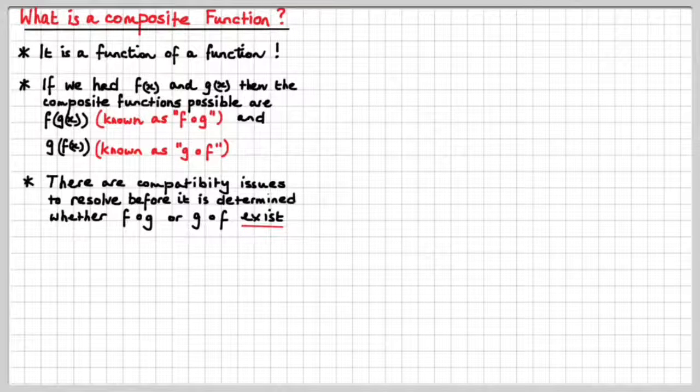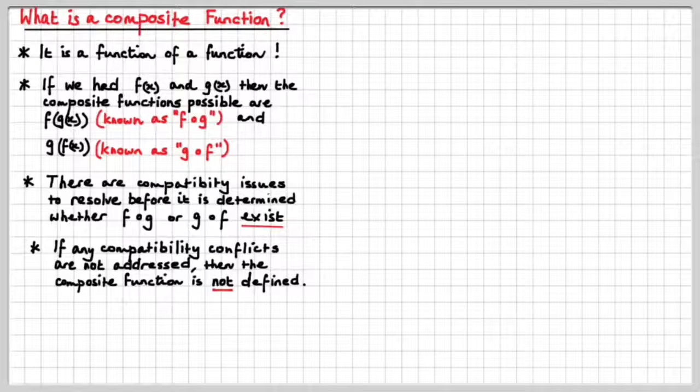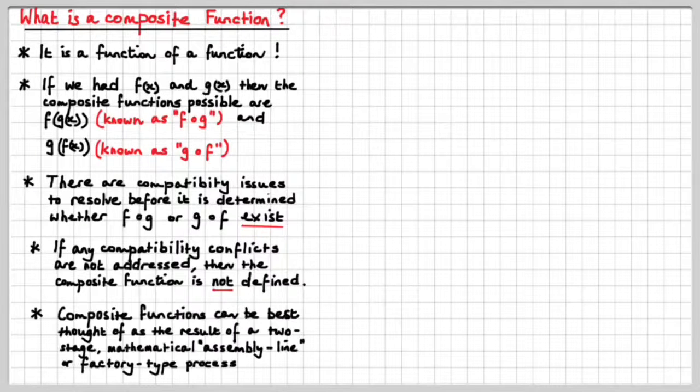There are compatibility issues to resolve before it is determined whether fog or goff exist or are defined, and this is the sticking point with understanding these composite functions, the compatibility issues, which I'll go into in great detail for you. If any compatibility conflicts are not addressed, then the composite function is not, repeat, not defined.